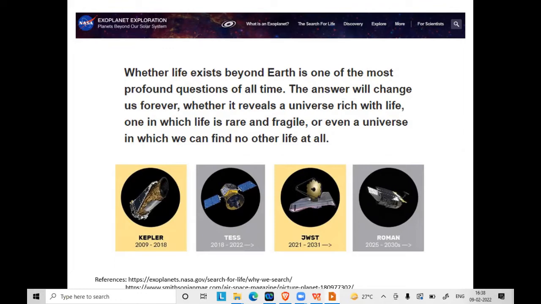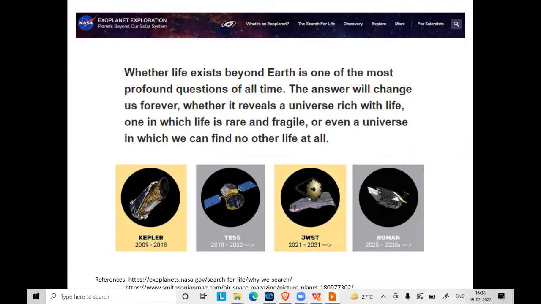In this interactive simulation, we are going to discuss exoplanet exploration. I have taken a screenshot from NASA's exoplanet exploration website, and at the bottom of the slide I have also given the link. After this session, all of you can go through these web links.